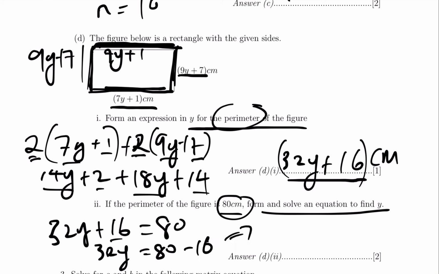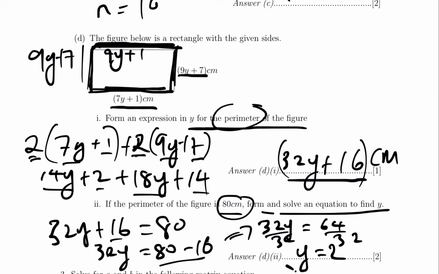So 32y is equal to 80 minus 16, that's 64. Then we divide by 32. We get that y is equal to 64 divided by 32, which is 2.